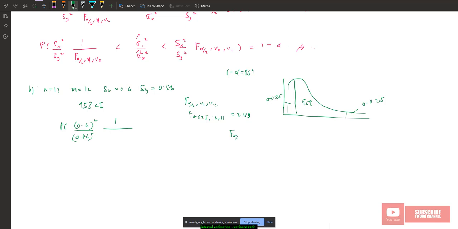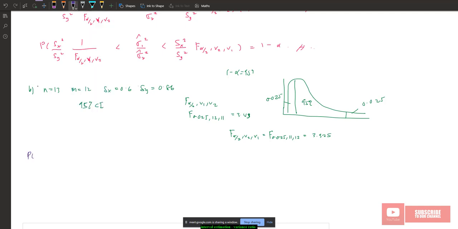Another one is alpha divided by 2 v2 v1, which is also equal to f 0.025, 11 and 12. So this is going to be 3.325. So now I just need to plug in the values into the equation. Right.